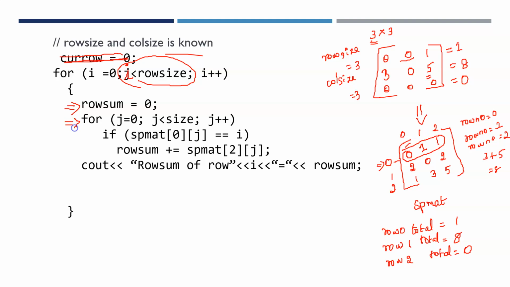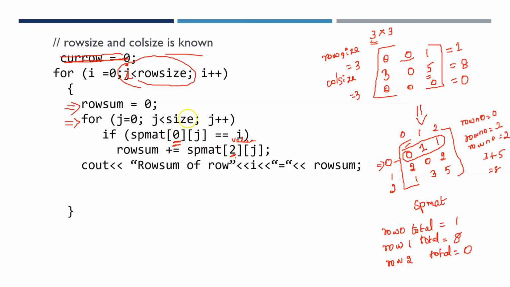Then I scan all my non-zero elements, checking whether the row entry is equal to the current row, and if so, that value must be added. We already know the 0th column contains the row and the second column contains the value. So if the row is equal, I add the value to the row sum. If it is not equal, I need not add.